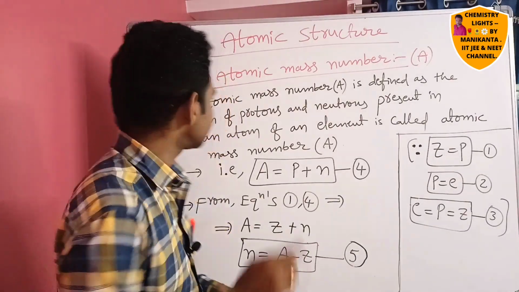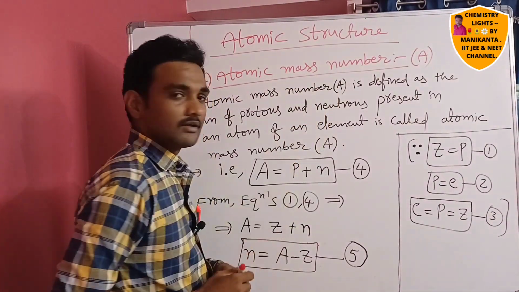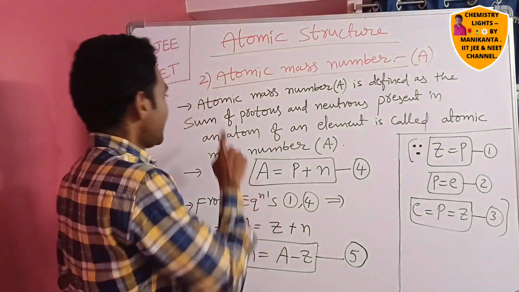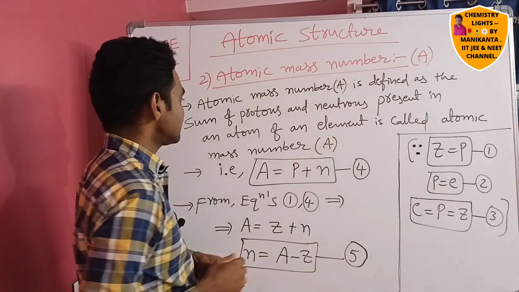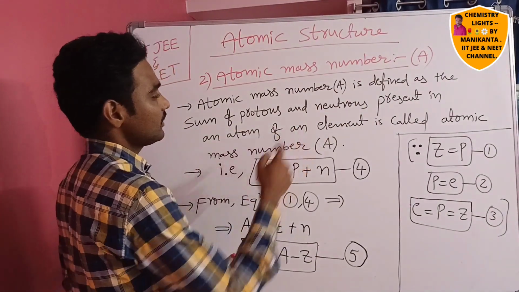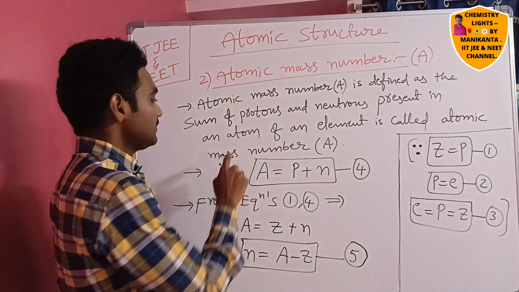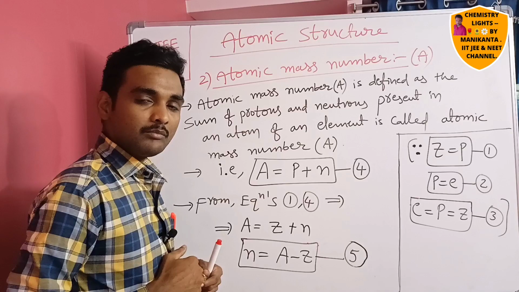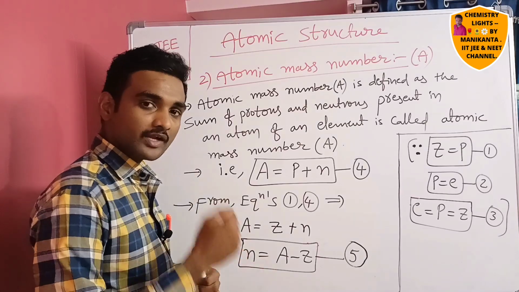Okay, next topic is atomic mass number. It is represented with capital A. Atomic mass number is defined as the sum of protons and neutrons present in an atom of an element. Simply, in the atom how many protons and how many neutrons are there.